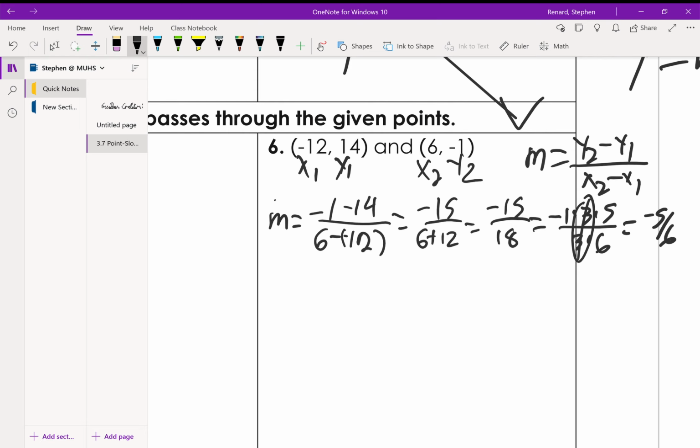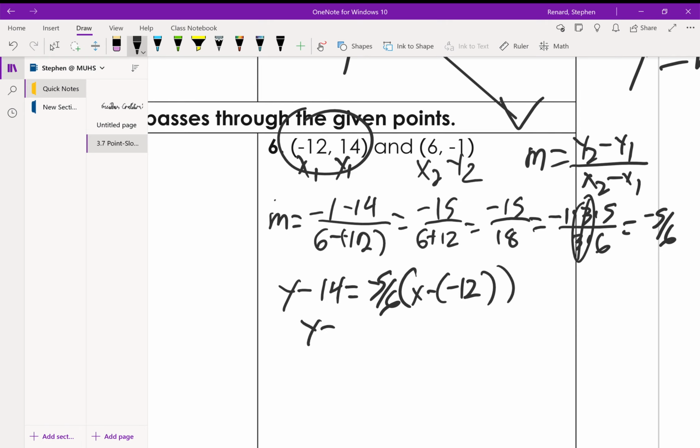If we take this point first, point slope is y minus y1, so y minus 14 equals negative 5 over 6 times x minus a negative 12. So that gives us y minus 14 equals negative 5 over 6 times x plus 12. Y minus 14 equals negative 5 over 6 x minus 10.